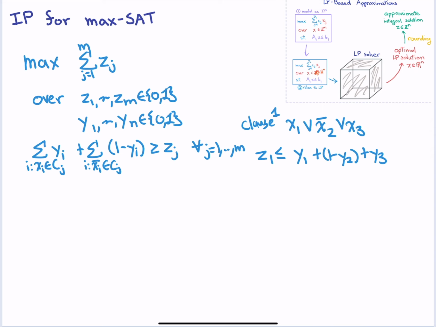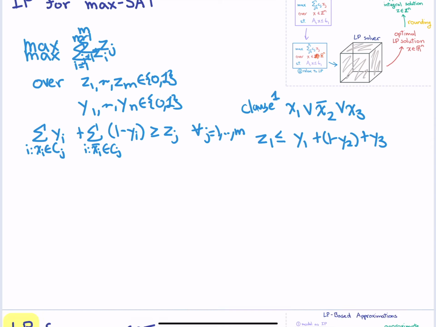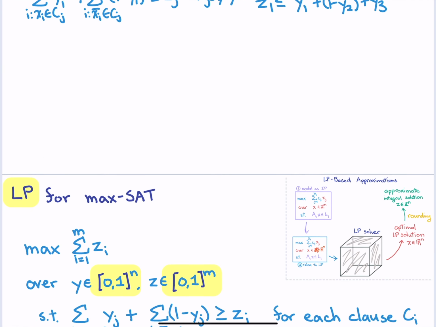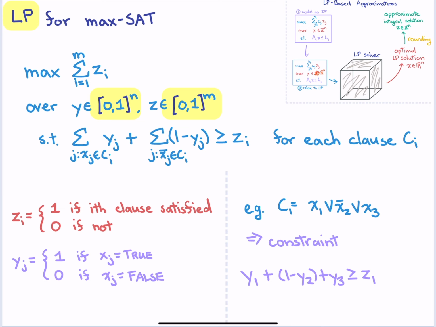Okay, so that was the integer program. And the linear program would take that idea and do nothing but relax from 0 or 1 to being between 0 and 1.